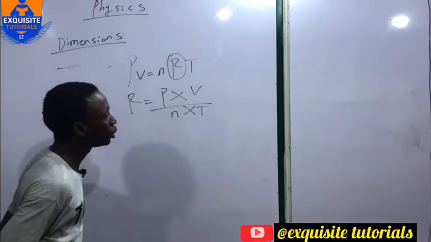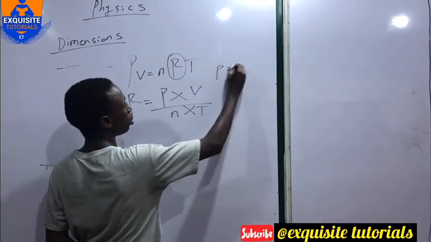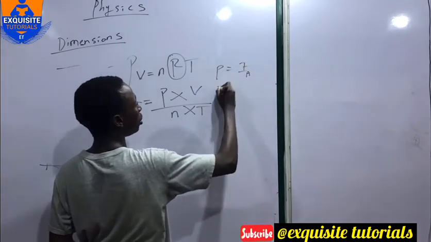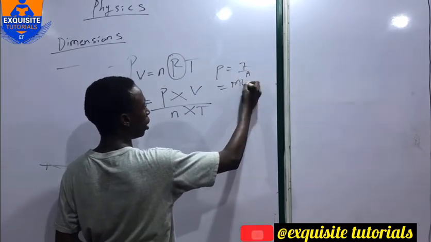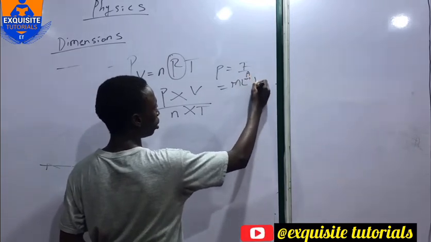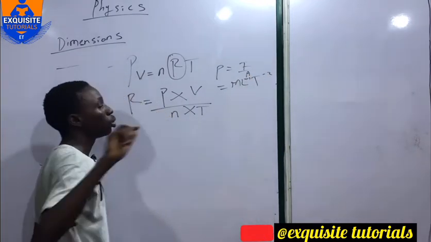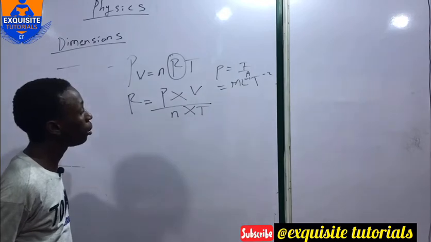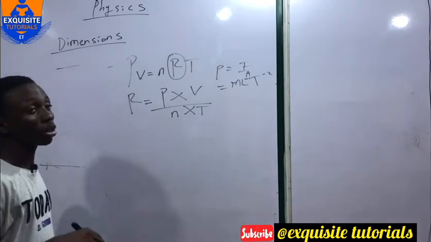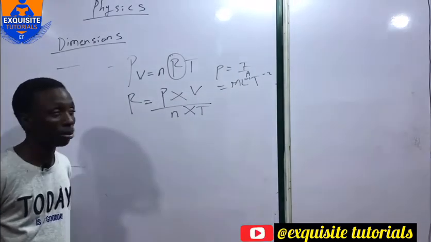Now we know that pressure is equal to force over area, so the dimension of pressure is ML^-1 T^-2. If you don't understand how we solved this, you can go back to our former video and check out how we solved it.